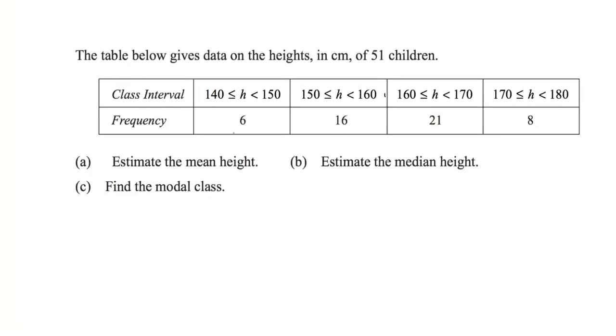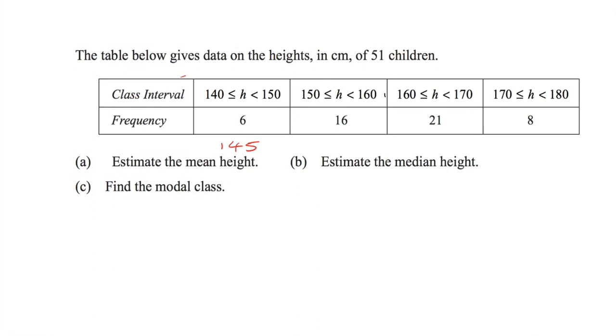So let's start by saying, we don't know exactly where these 6 students actually lie between 140 and 150. Let's just say that they all are in the middle, and that is as good as we're going to get. So let's use a midpoint, 145, right in the middle of 140 and 150.